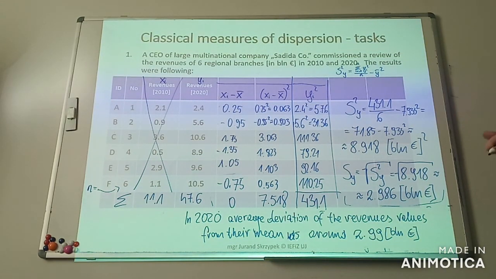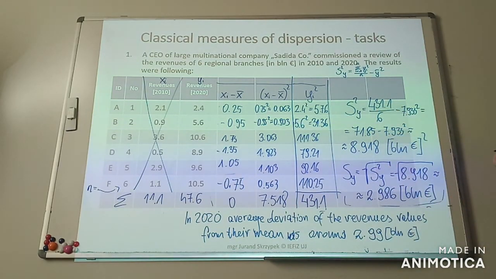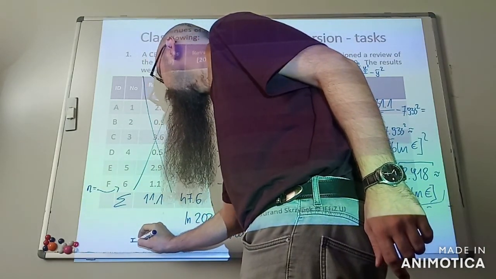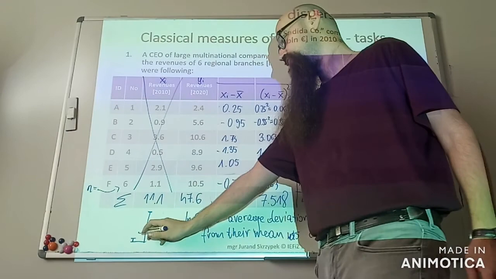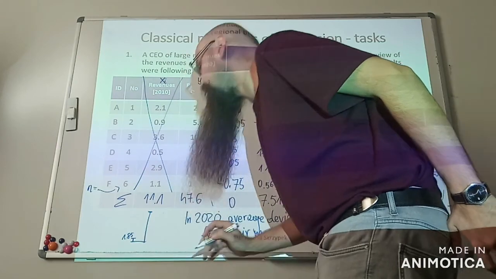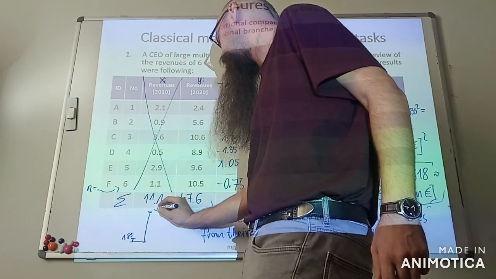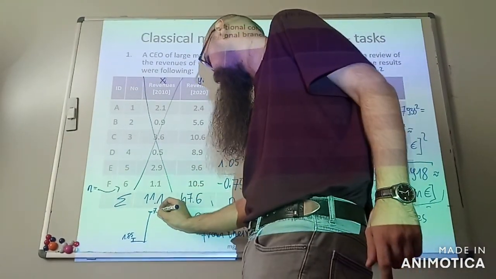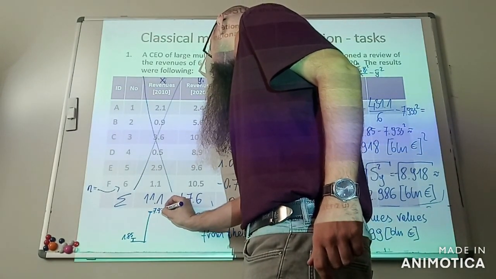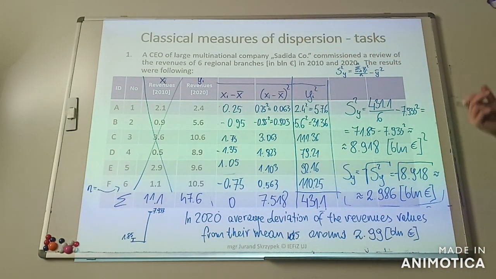We can't use here the absolute measures, yeah, because in 2010 we have observed the mean value at the level of 1.85 billions euros. In 2020 we observed much greater typical value of the considered phenomenon equal to 7.933 billions euros.